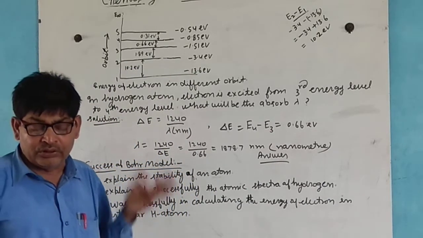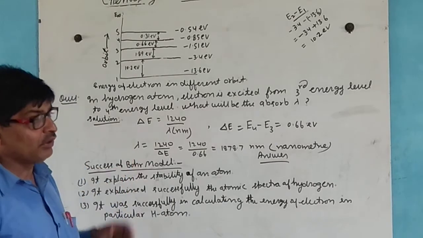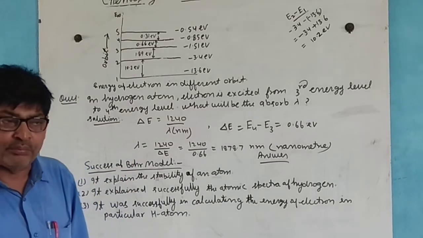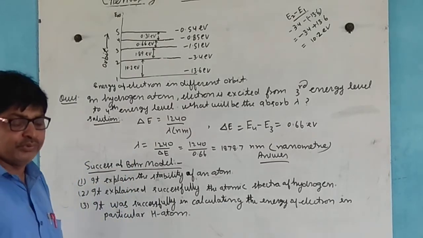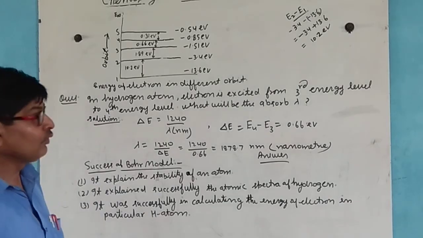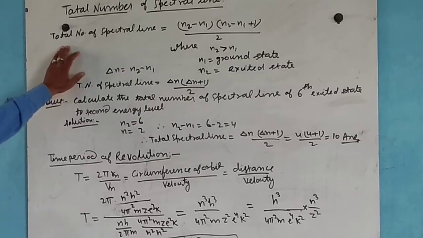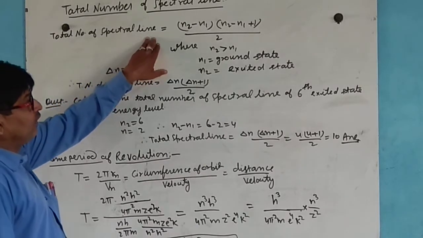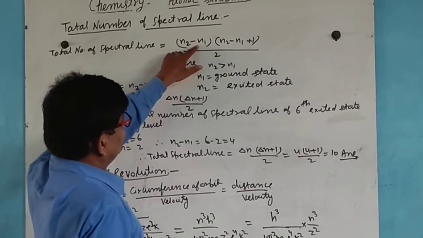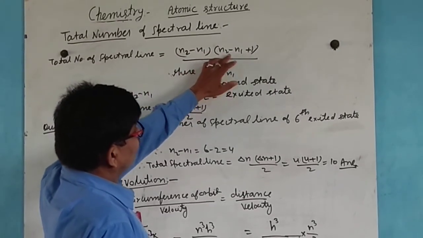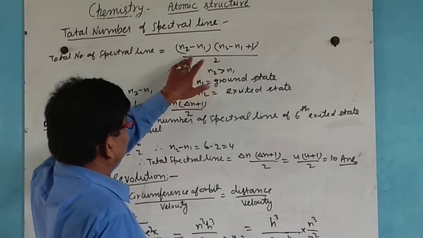Now we calculate the total number of spectral lines of hydrogen atoms. The total number of spectral lines is given by n2 minus n1 and n2 minus n1 plus 1.